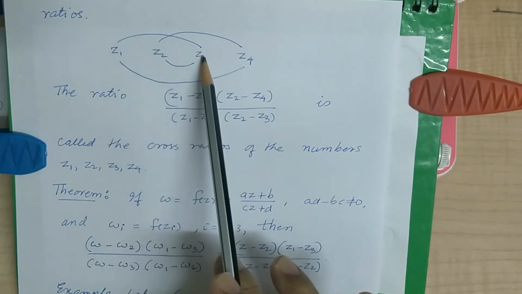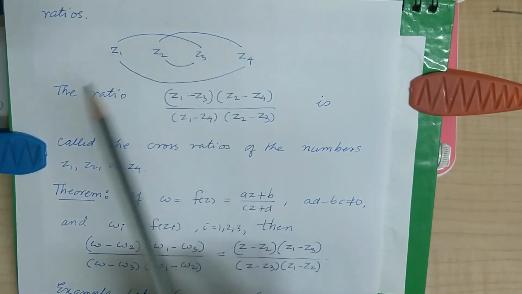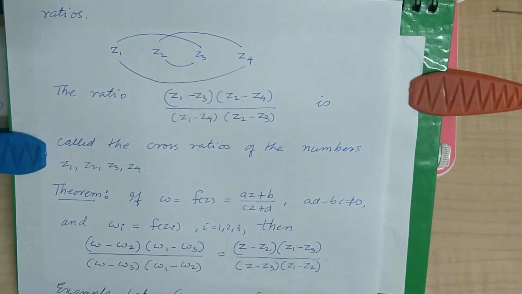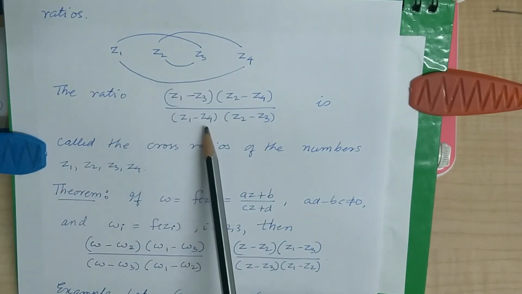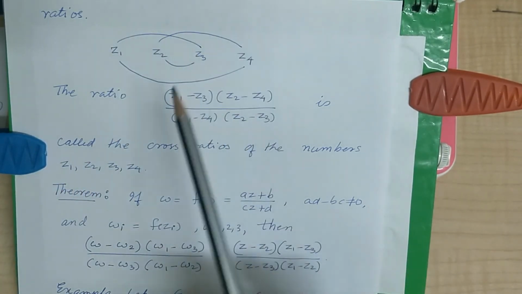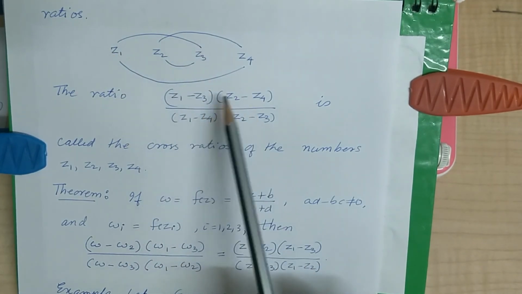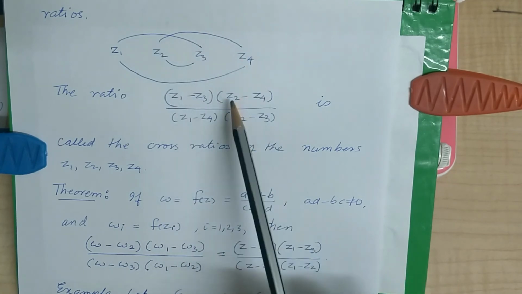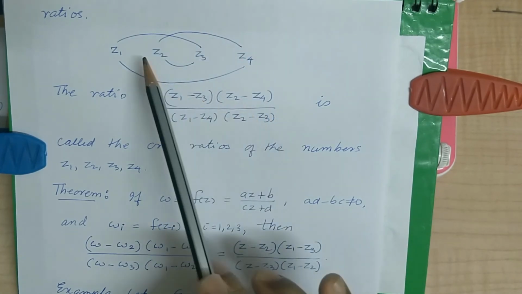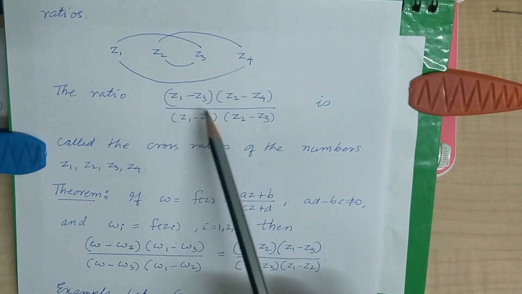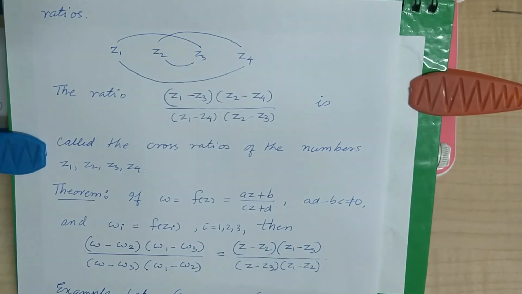I take z1, z3 and z2, z4, cross them, and I take z2, z3 and z1, z4. I form a ratio. So the up arrows form the numerator: z1 minus z3 is the first number, multiplied by the difference of z2 and z4. And in the denominator, I take the difference between z1 and z4, and the difference between z2 and z3. This is called a cross ratio.